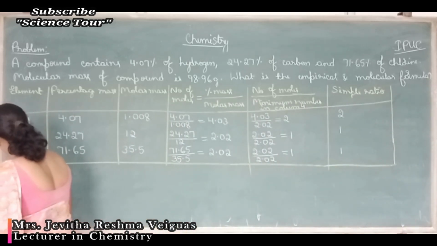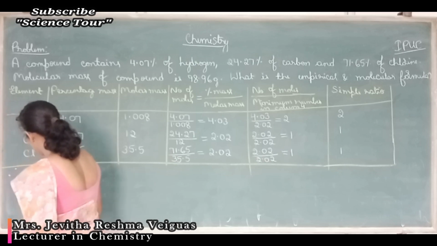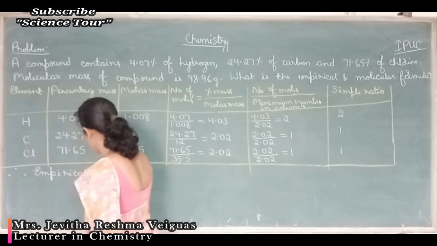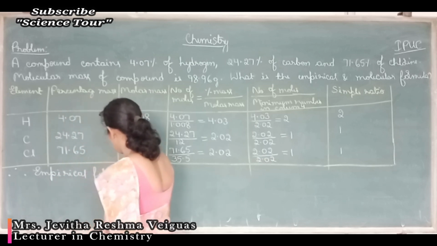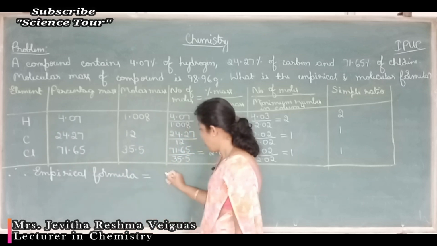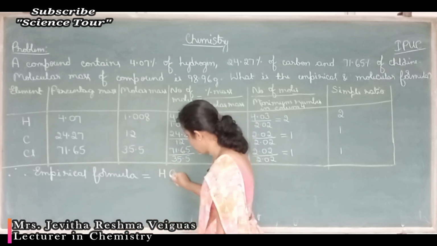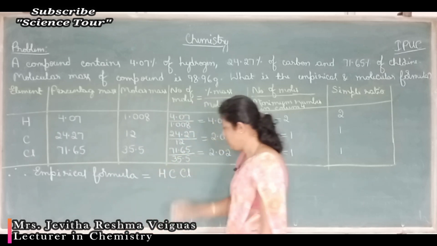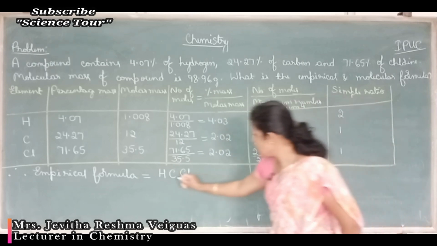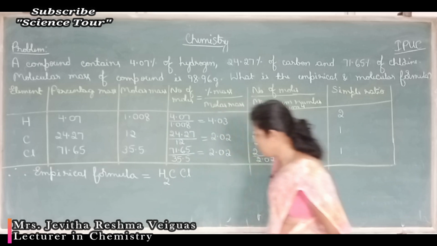So therefore, the empirical formula is equal to, first write which elements are present: hydrogen, carbon and chlorine. These are the elements present. Hydrogen is 2, so H2.